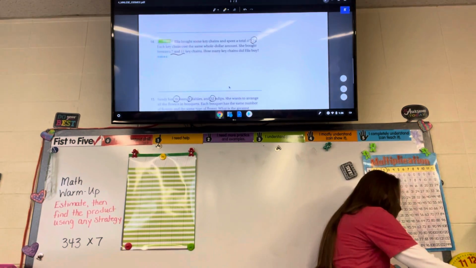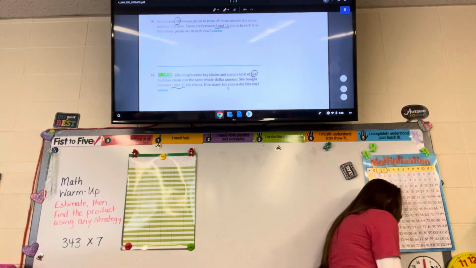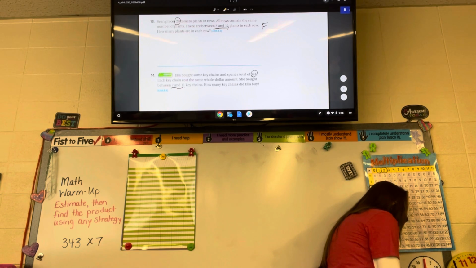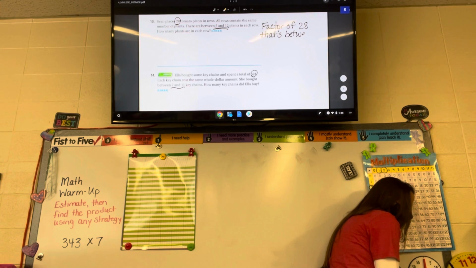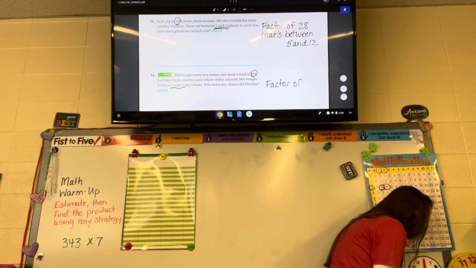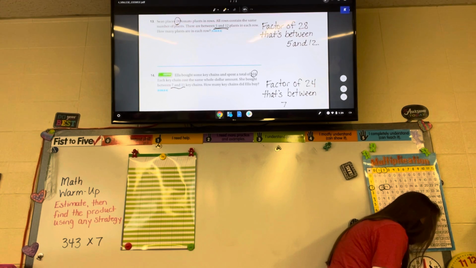So on number 13, 14, and 15, you're just going to have one single answer. You guys get that? On number 13, it's going to be a factor of 28 that's between 5 and 12. On number 14, a factor of 24 that's between 7 and 11.